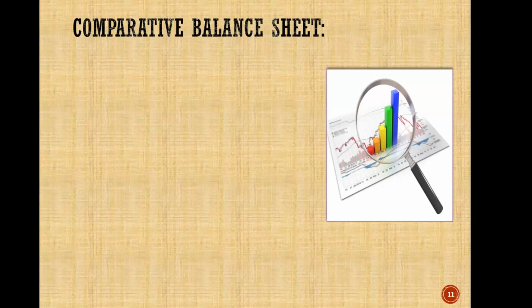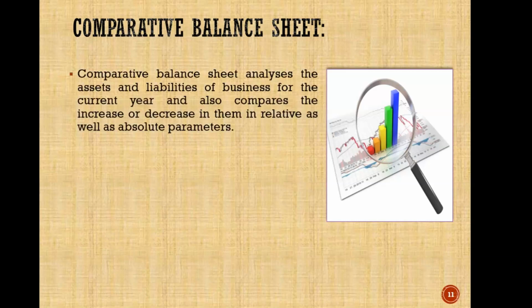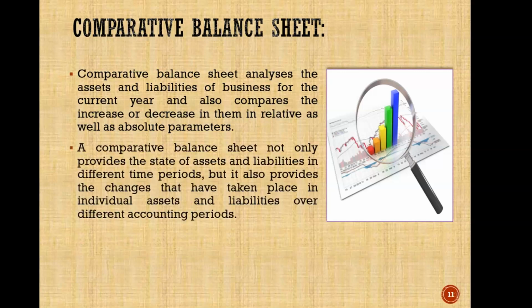About the comparative balance sheet. Comparative balance sheet analyzes the assets and liabilities of the business for the current year and also compares the increase or decrease in them in relative as well as absolute parameters.